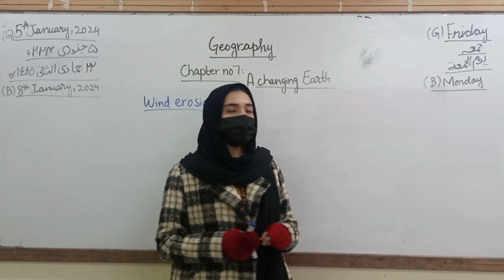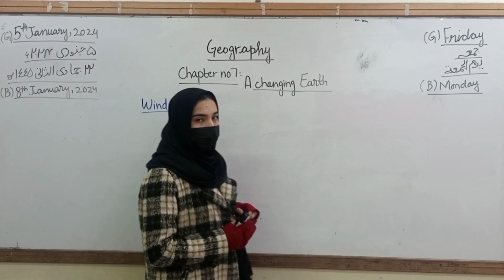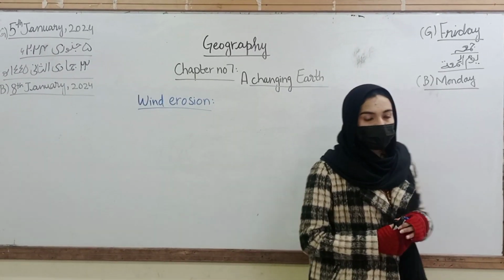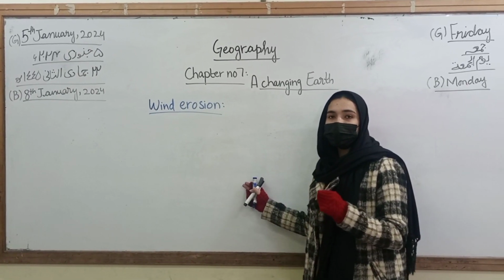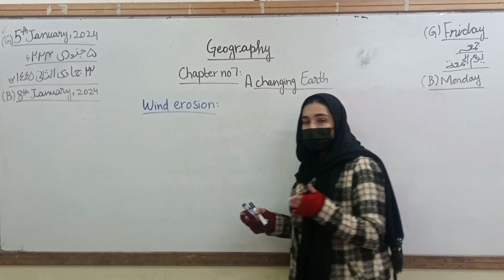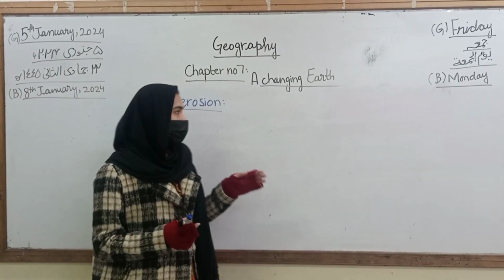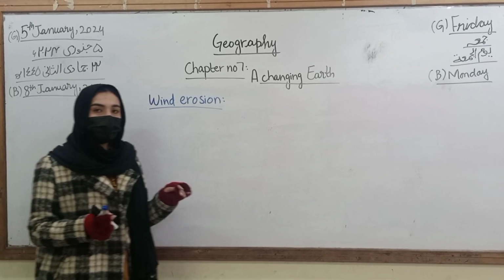So class, where does wind erosion happen? Think for a while. Yes, good. It happens on places where the soil has less vegetation and is dry. In simple words, it is land which is bare and has no plants or vegetation on it.